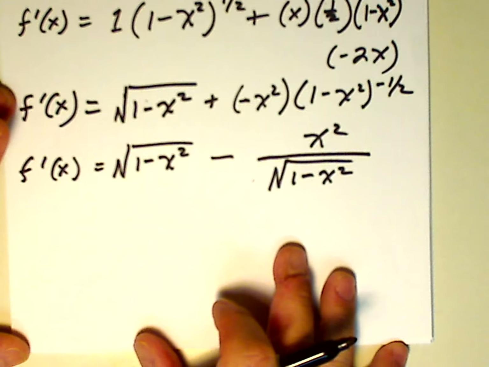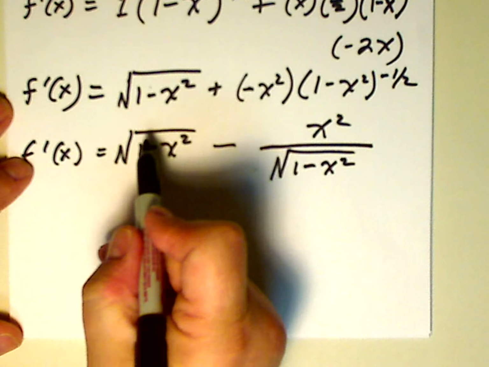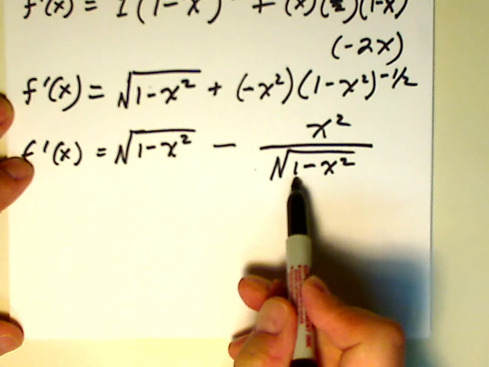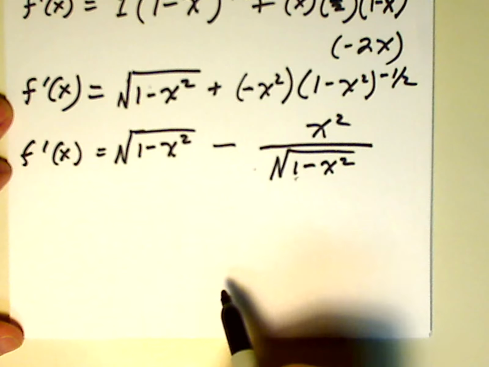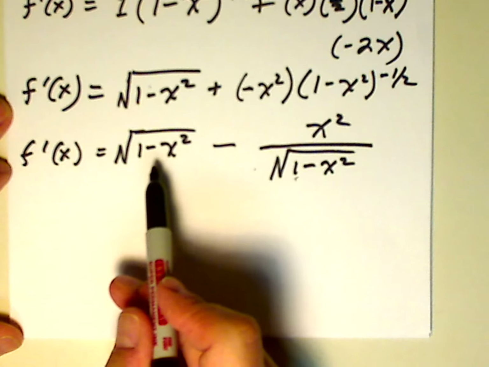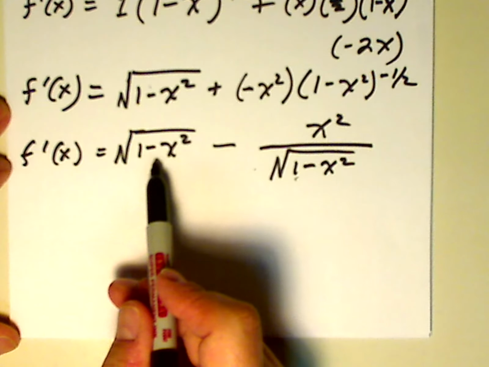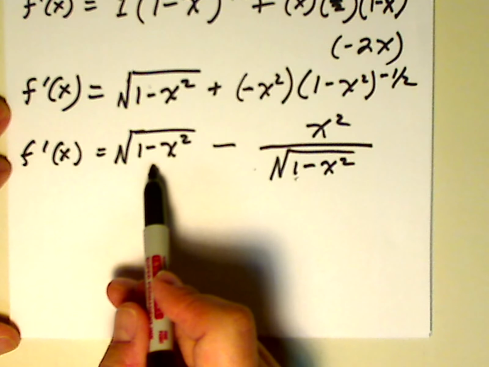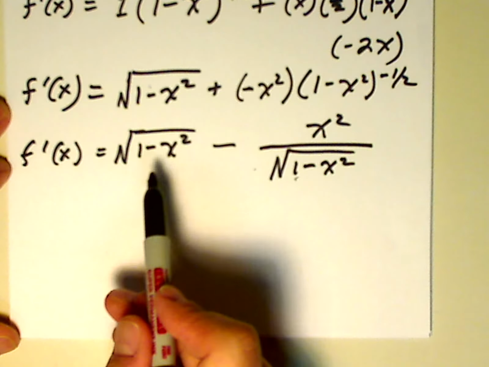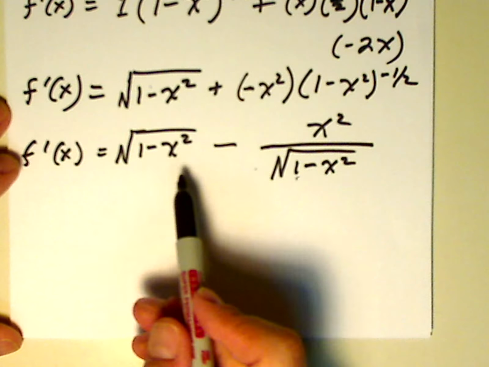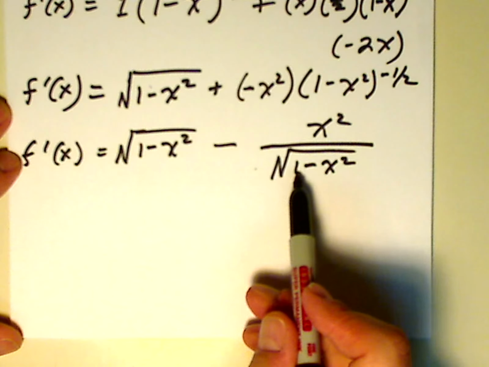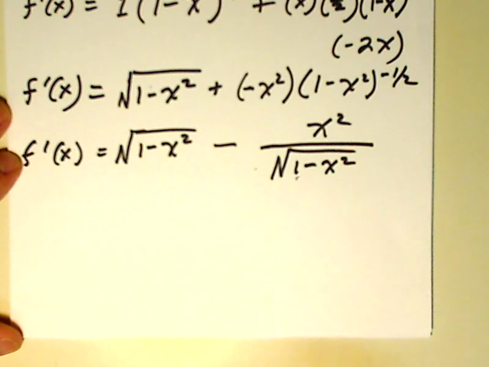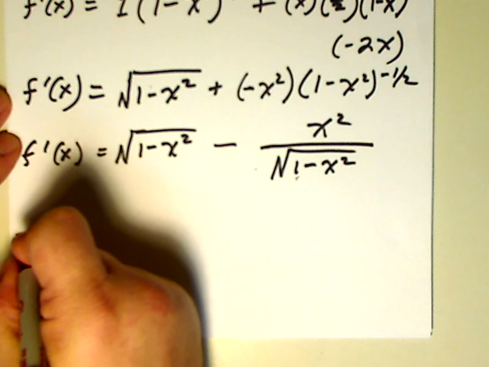Now, we need to find a common denominator. That common denominator is the square root of 1 minus x squared, so I'm going to multiply this term to the left of the minus sign by 1. I'm not going to change its value, but I'm going to multiply by the square root of 1 minus x squared over the square root of 1 minus x squared.